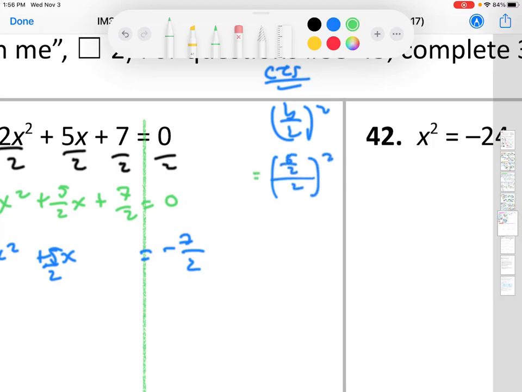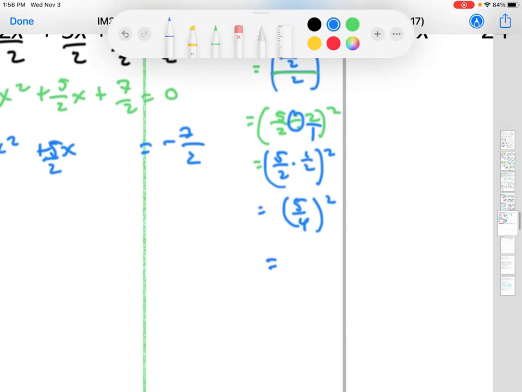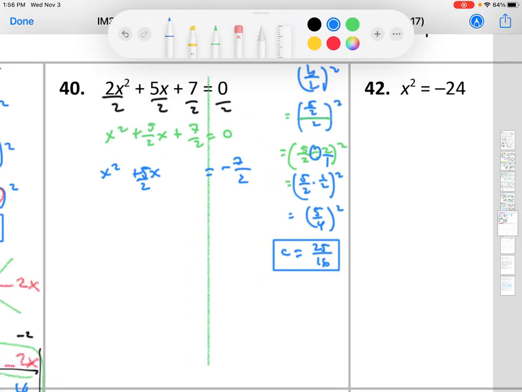And let's turn it horizontally. So 5 halves divided by 2. 5 halves times 1/2. So 5/4. And then 5/4 squared is 25 over 16. That's going to go to both sides.